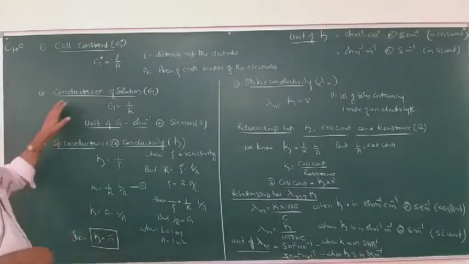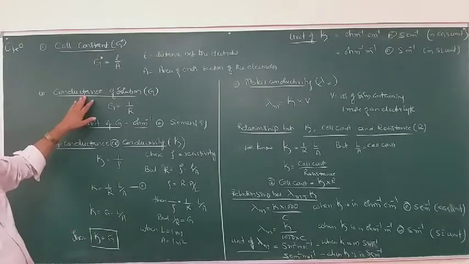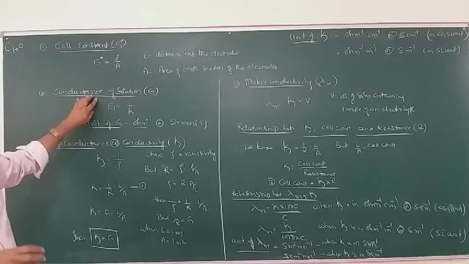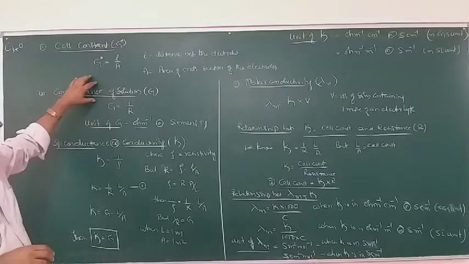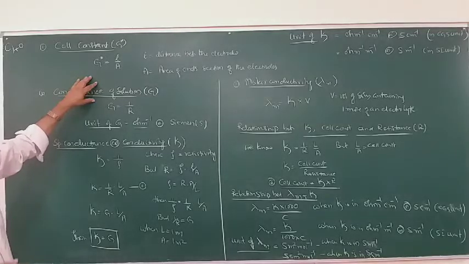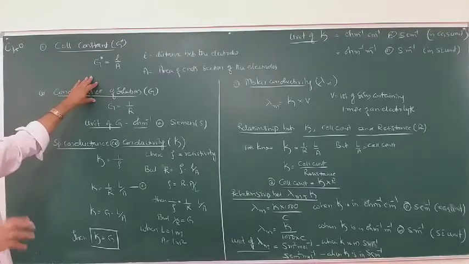Now, coming to conductance of solution. What is conductance? The conducting capacity of a solution or a substance is known as conductance. Resistance is the restriction for the flow of current, whereas conductance is the ease for the flow of current.